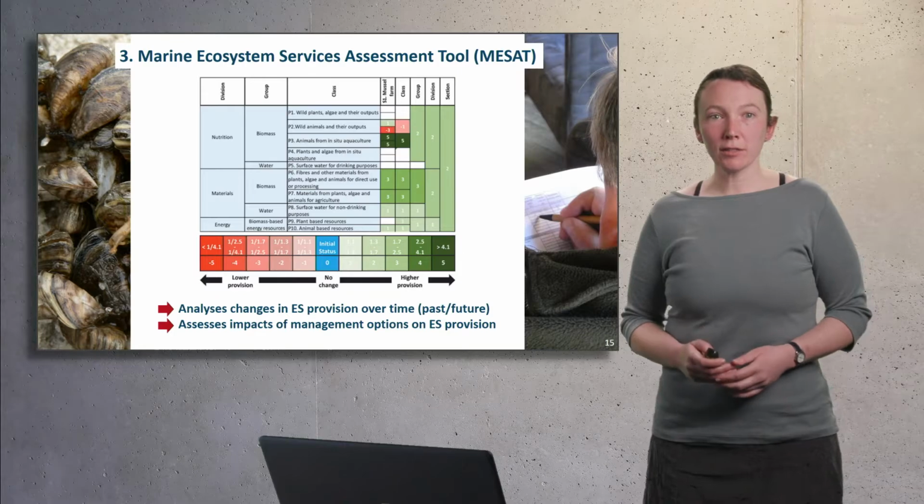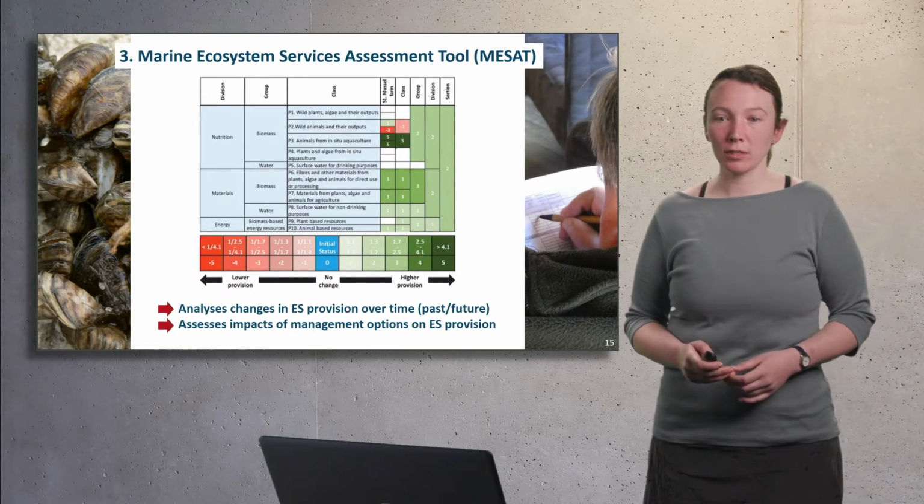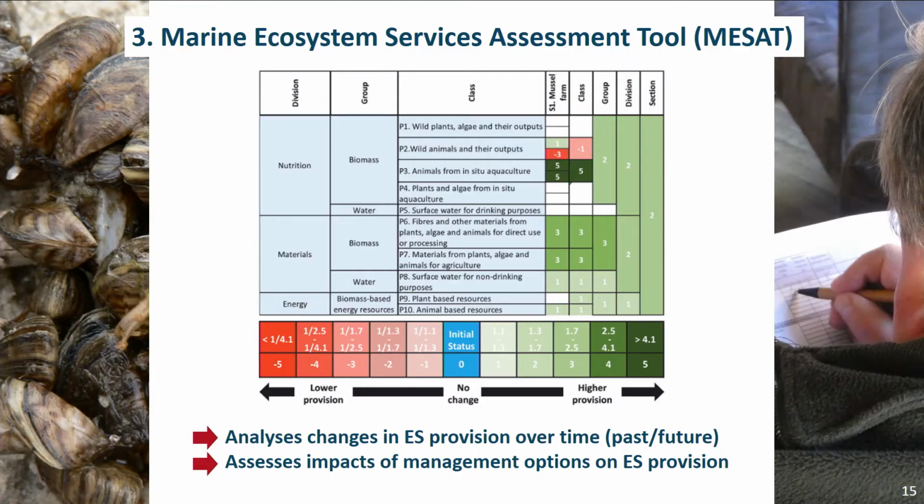And the last tool for the systems approach framework that I like to introduce is the Marine Ecosystem Service Assessment Tool, or short MESAT, and it assesses the relative changes in the ecosystem service provision. This can be used for assessing changes over time. So you would compare the current provision of ecosystem service with the point in time in the past or in the future.